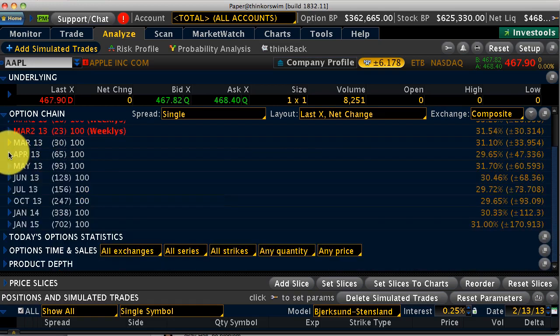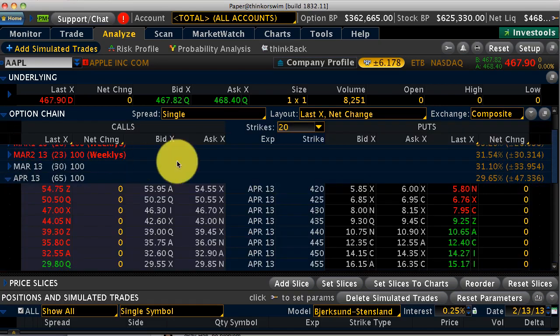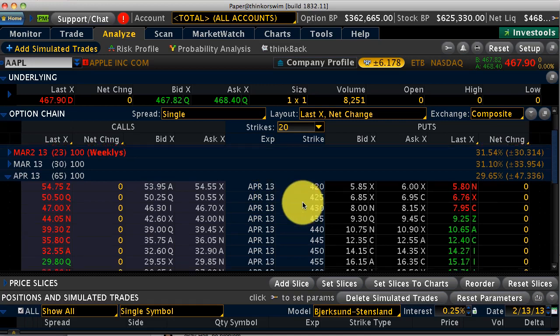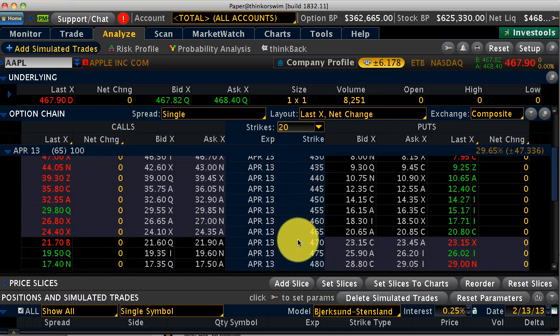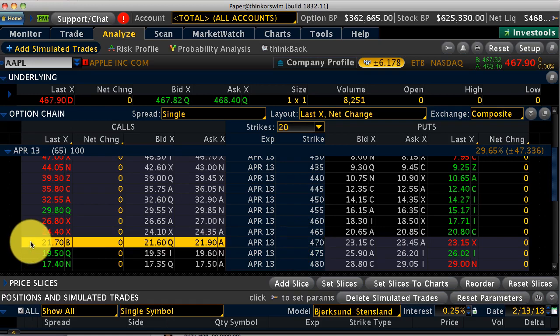Then you would come to the April series, and let's take a look at the same option. If you look at the same strike price at 470, you can see that this option is now worth $21.70.